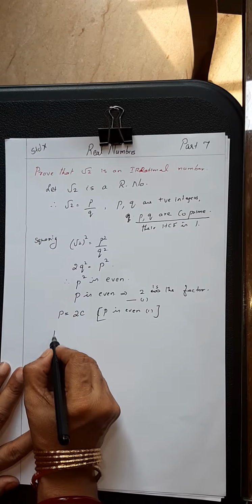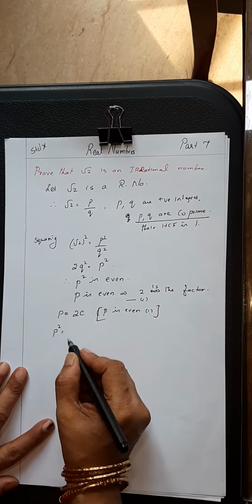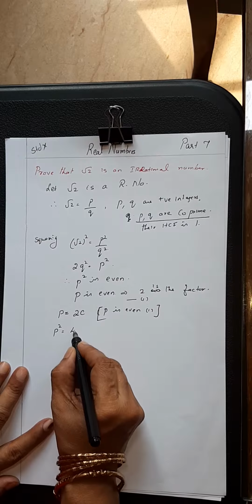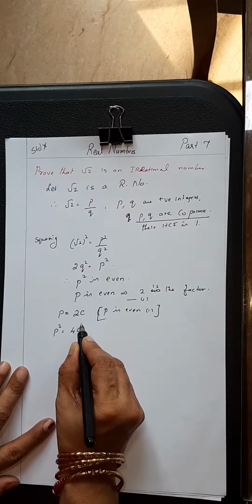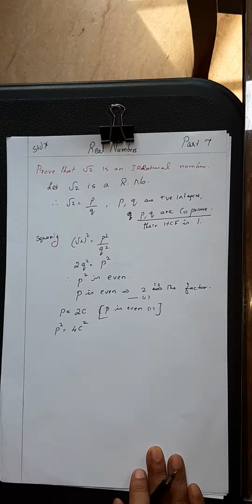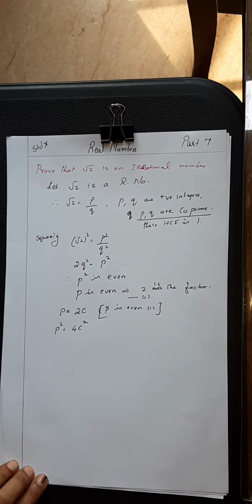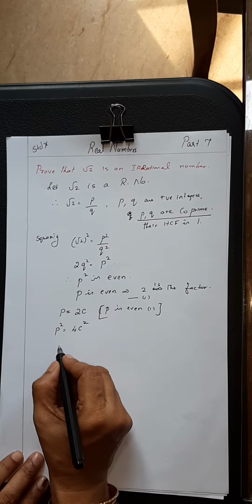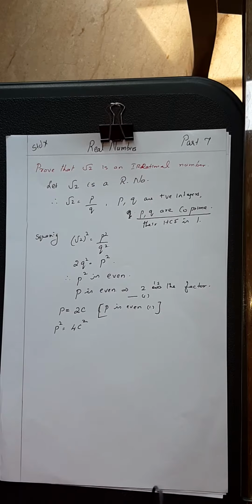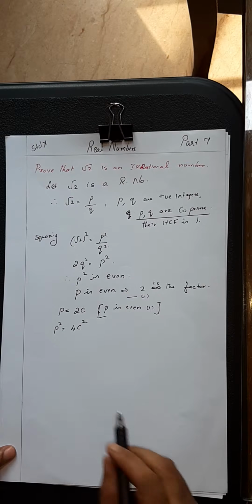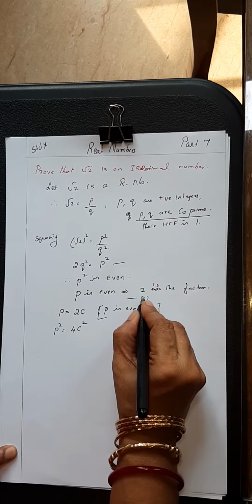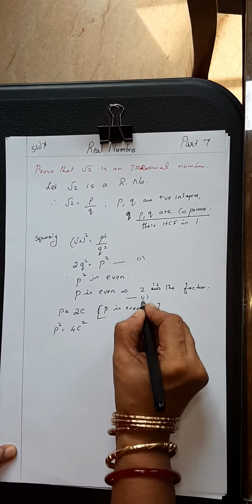Now p squared is equal to 4c squared. Here I'll write this as 1 and this as 2.